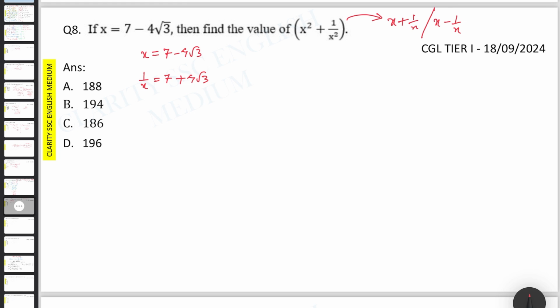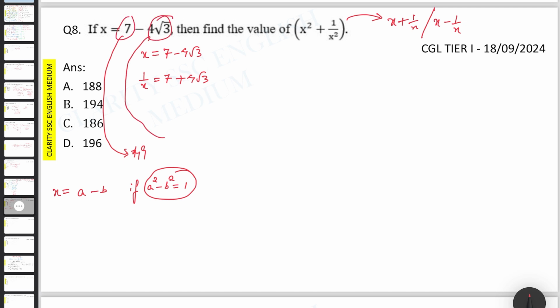If x is equal to a minus b, and if a square minus b square is equal to 1, what I mean by a square minus b square is 7 square is 49 and 4 root 3 square is 48.